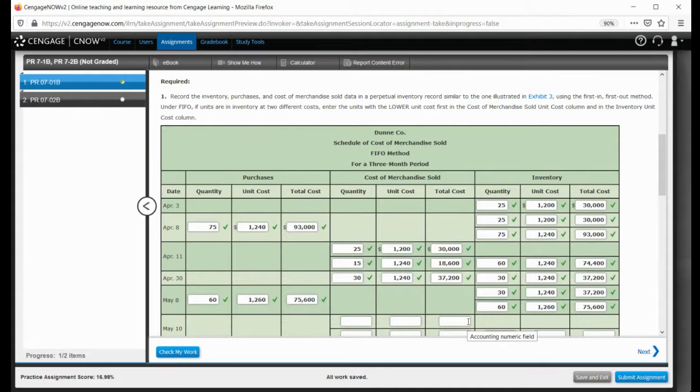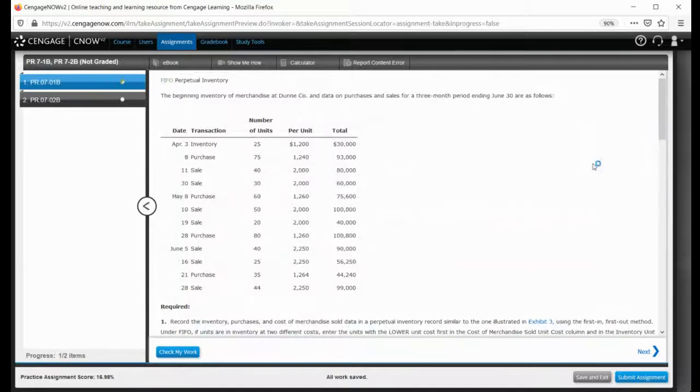And so today I probably want to start with the May 8th transaction and talk to you about it. I think that's a good starting point because we're starting at the beginning of the month. You'll notice that I've already recorded some information about this transaction, but be sure and read your transactions carefully.